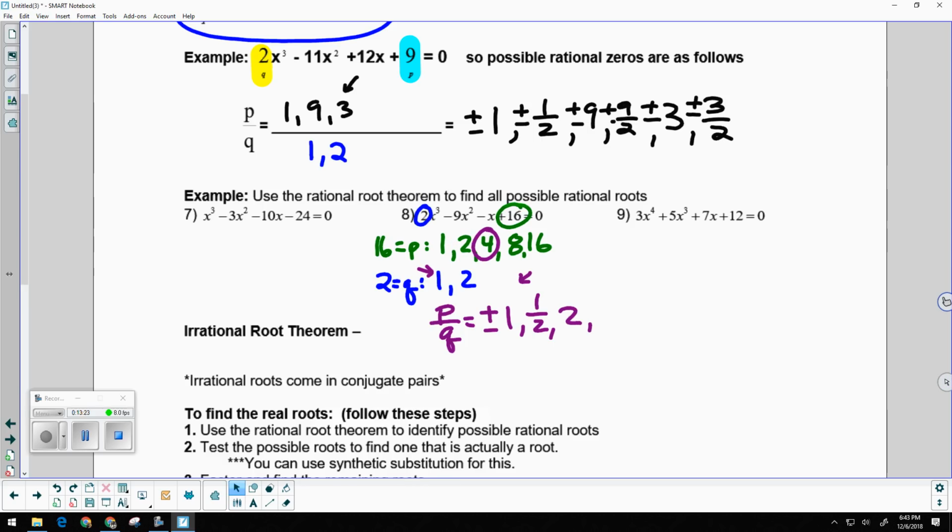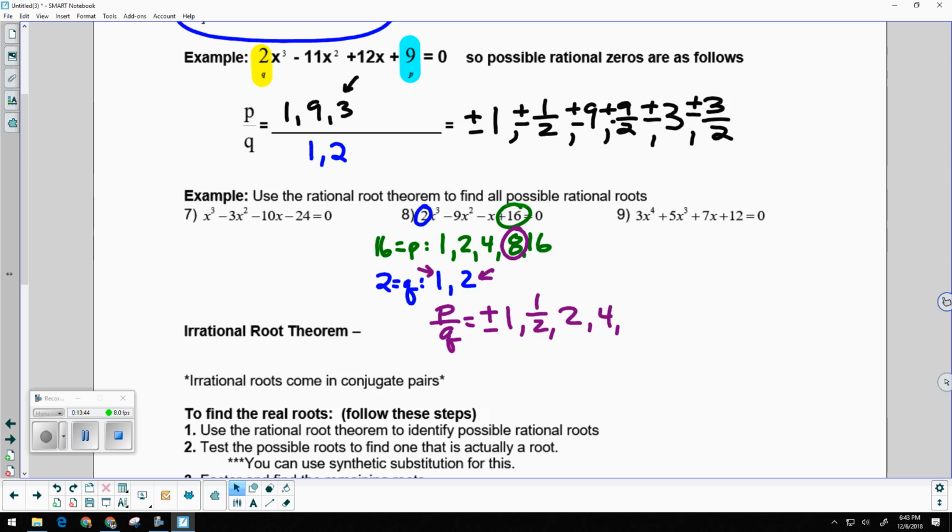Do the same thing with the 4. 4 divided by 1 is 4. And then 4 divided by 2 is 2, which I already have listed, so I'm not going to list it again.